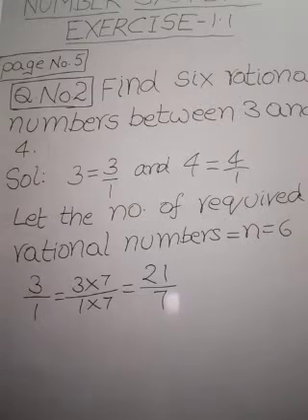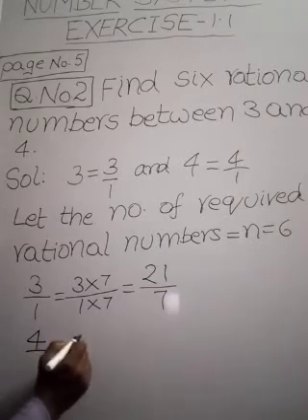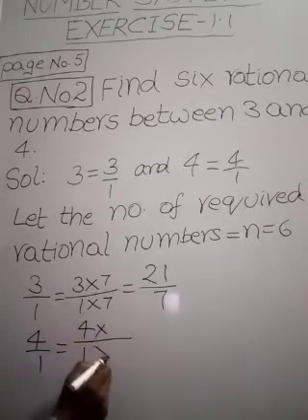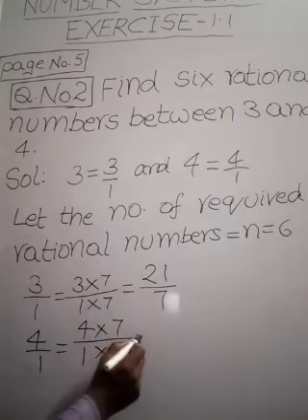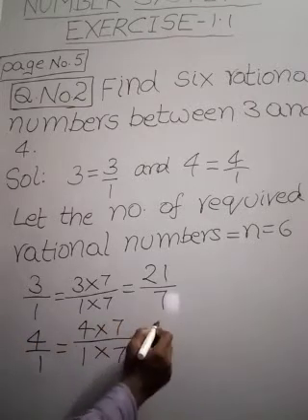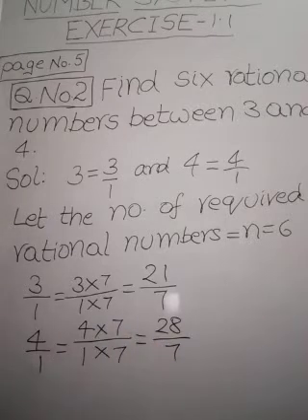Next take the second number 4 by 1. Here also we have to multiply numerator and denominator by 7. Same number. So 4 sevens are 28, by denominator 7.